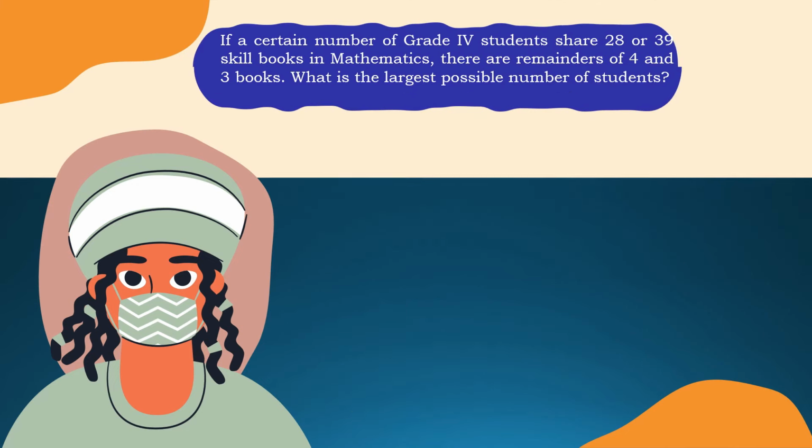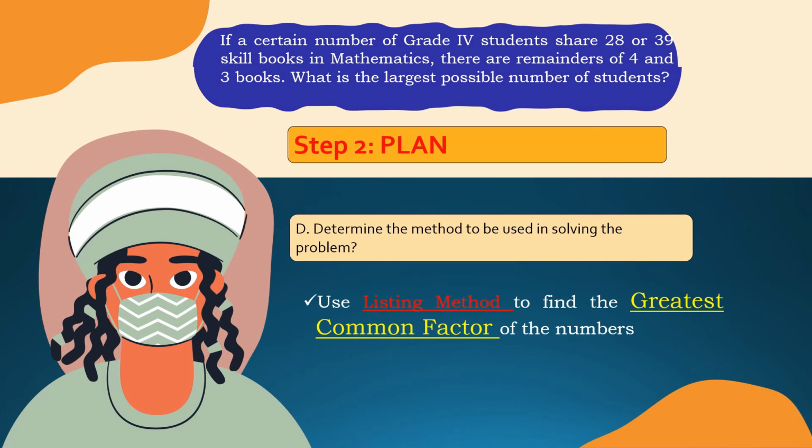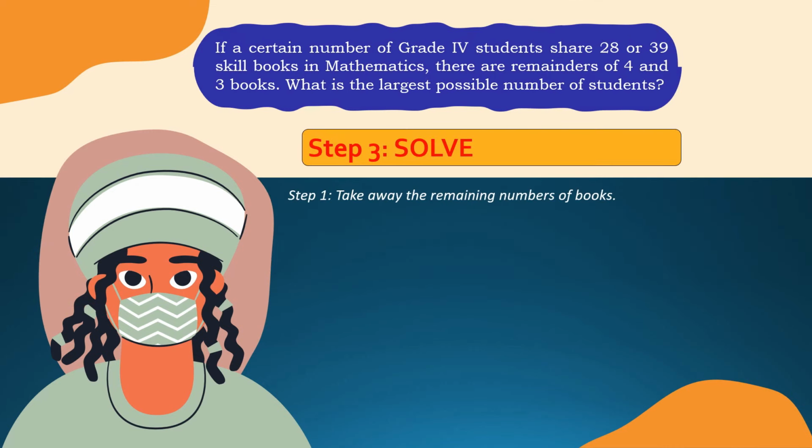Step 2 is plan. So we have to determine the method to be used in solving the word problem. So again, we use the listing method to find the greatest common factor of the numbers. First, we have to take away the remaining numbers of books.